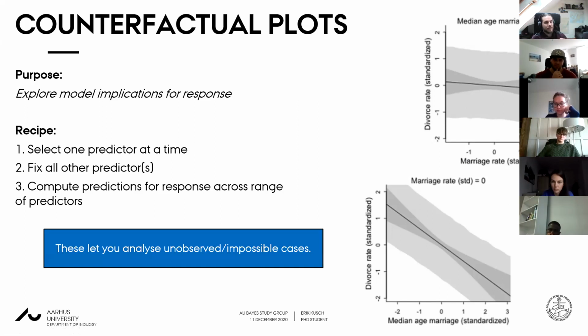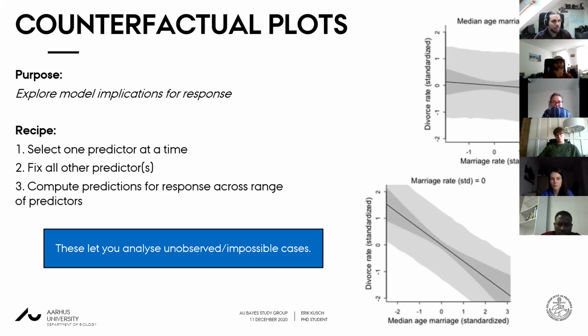So the takeaway from this is that this lets you analyze unobserved or impossible cases. And you have to be wary of when you fix certain variables or parameters in your counterfactual plots, that you don't go into impossible cases, because they might have some information for you, but you might also want to avoid looking at impossible cases because by definition, you'll never see them.